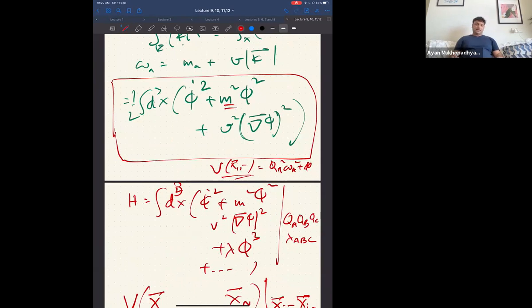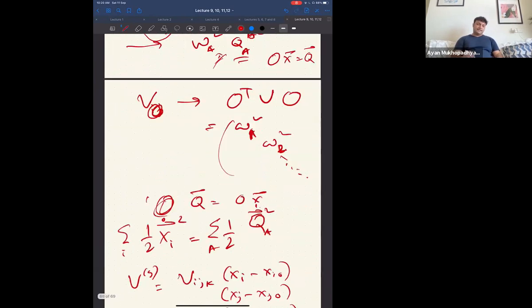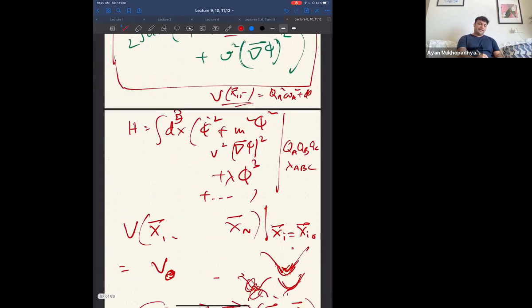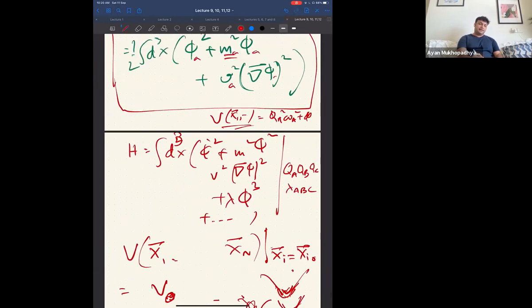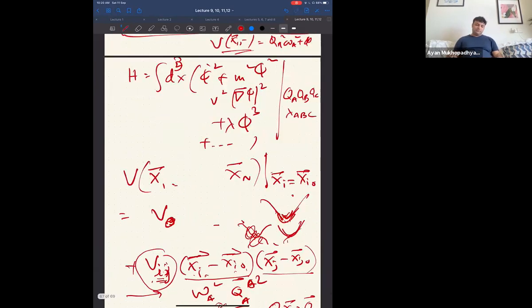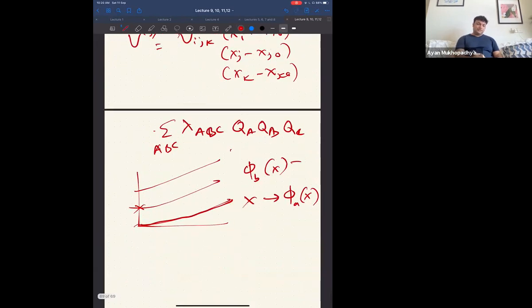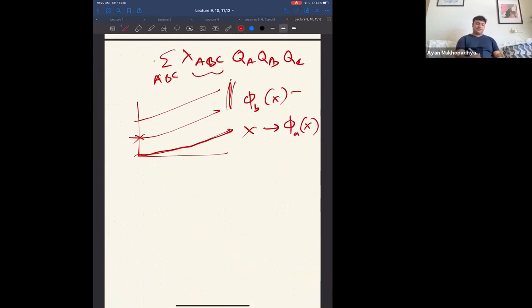When I write it down, and similar, there is also a V. But what I'm going to say is that suppose you ignore the higher order terms and you simply retain the lambda_ABC that are self interactions only between this, right? So you will get something.